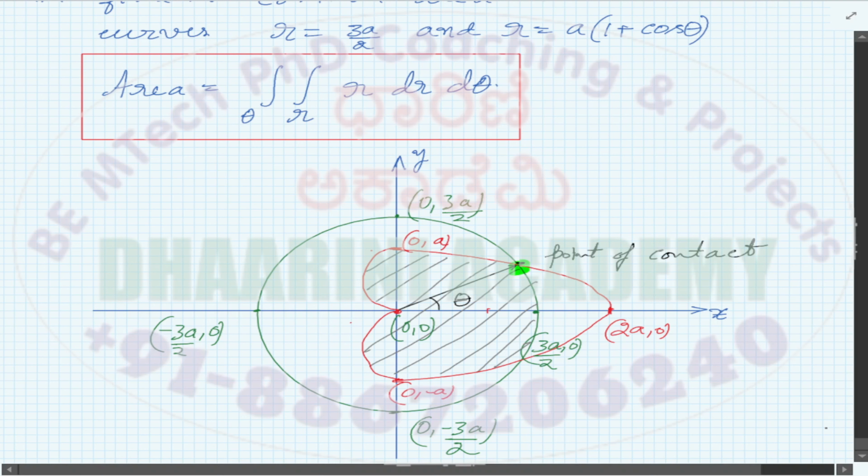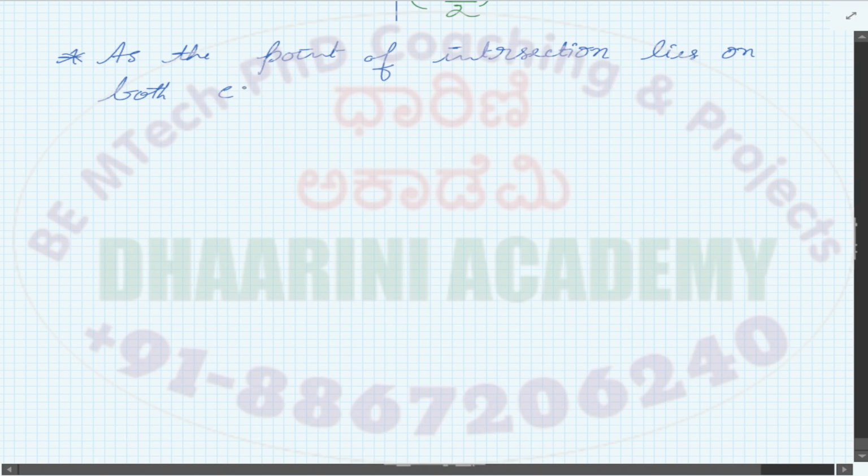So as the point of intersection lies on both curves, I can equate them, right?